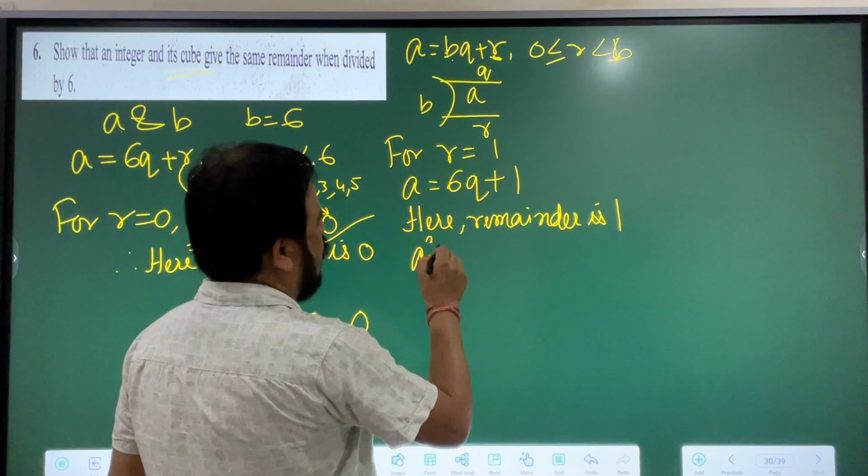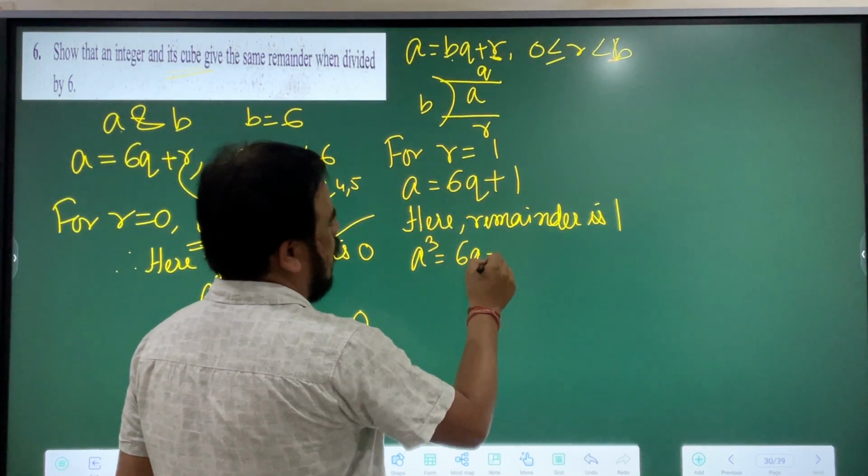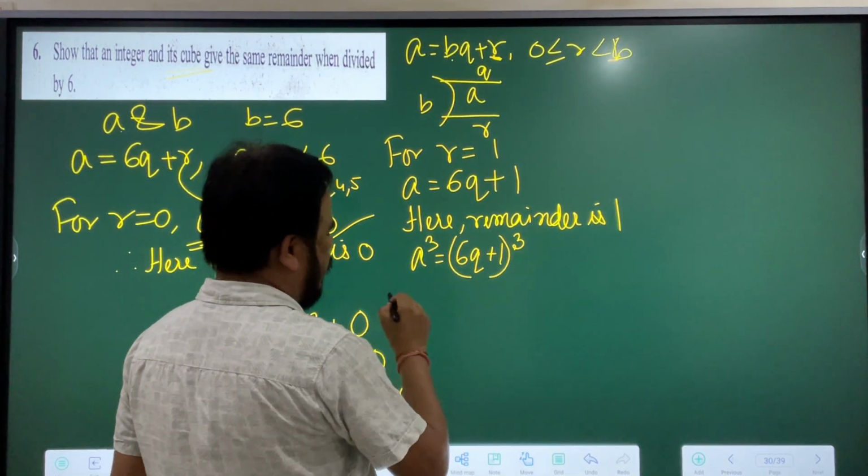So A cube is equal to (6Q plus 1) whole cube.